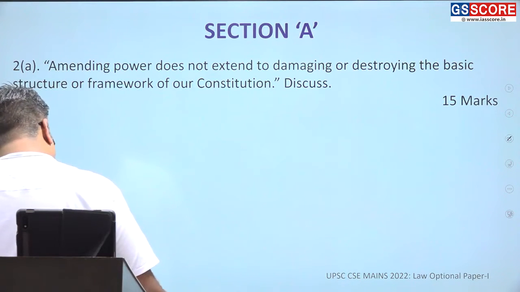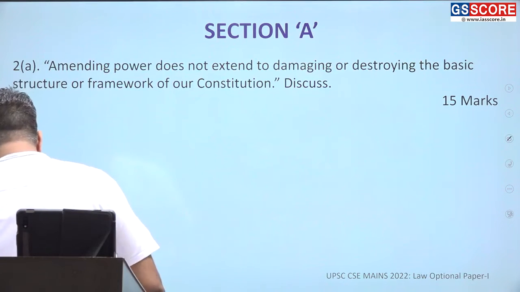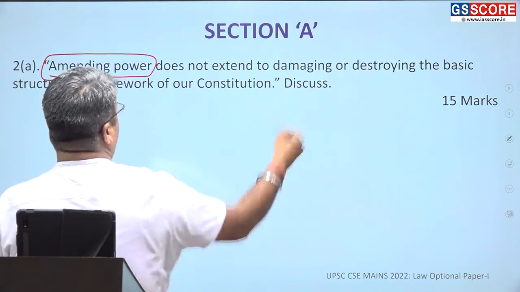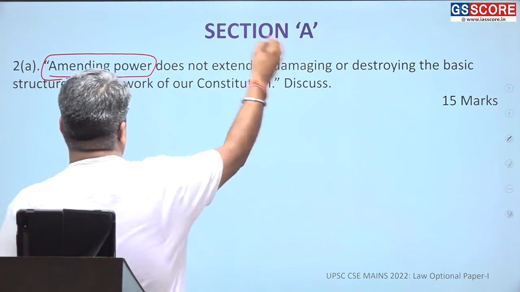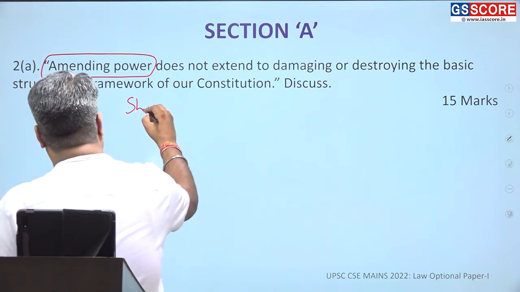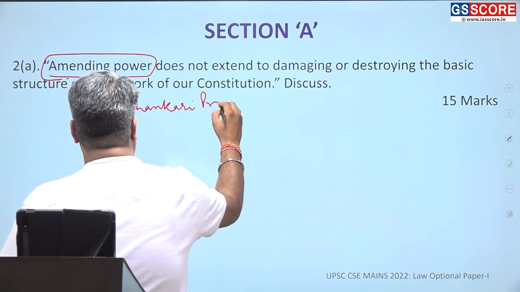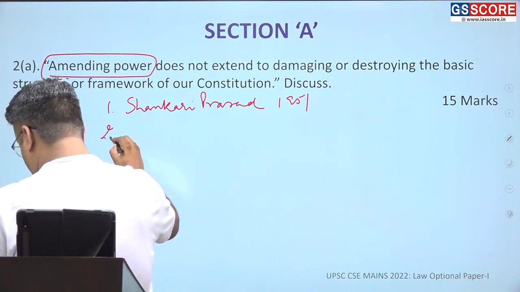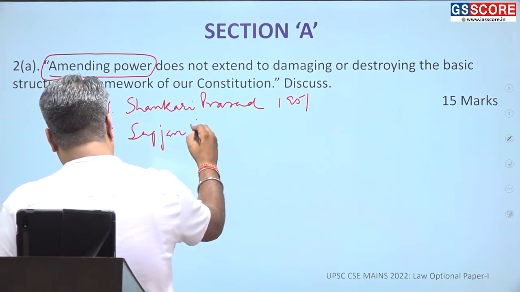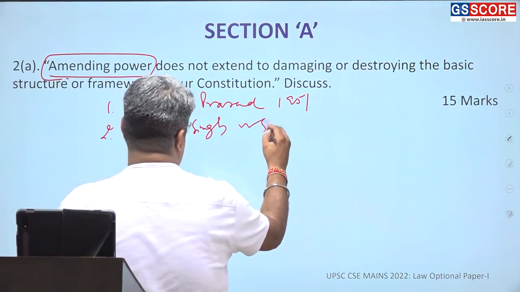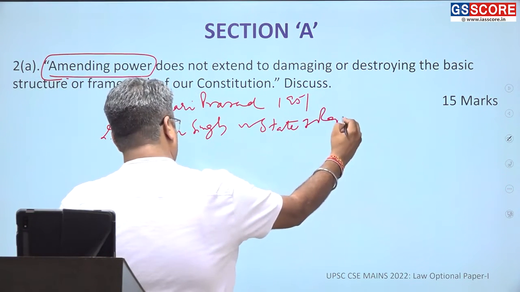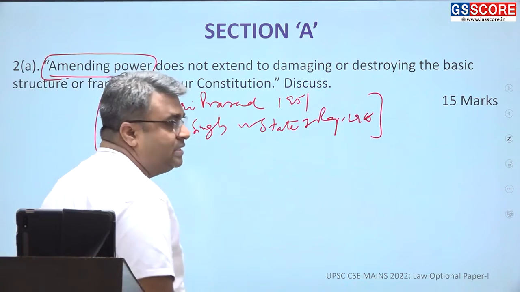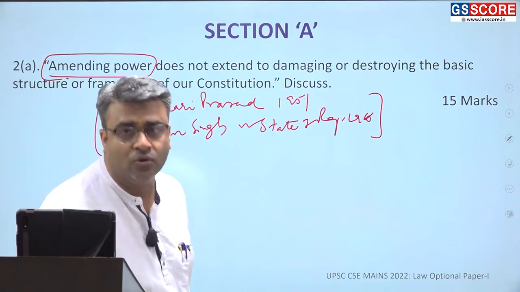I hope every UPSC aspirant is very well aware of this question, because here we are talking about the amending powers of the Parliament and the relationship of amending power with the basic structure, whereby you can mention the Shankari Prasad case first of all, 1951, Shankari Prasad versus Union of India, and Sajjan Singh versus State of Rajasthan, 1965, in which the Supreme Court held that the Parliament has the absolute power to change or amend the constitution.